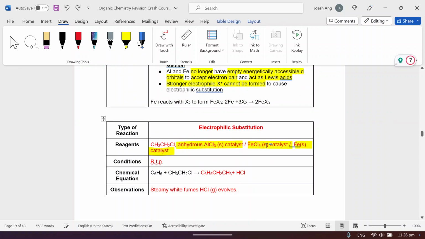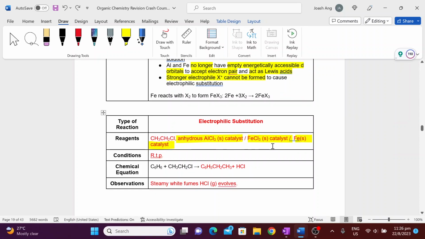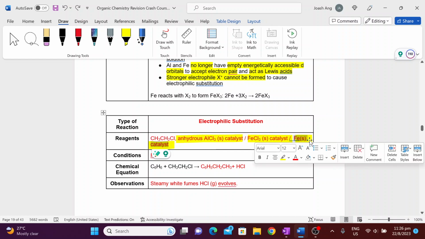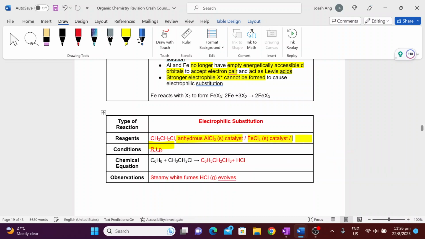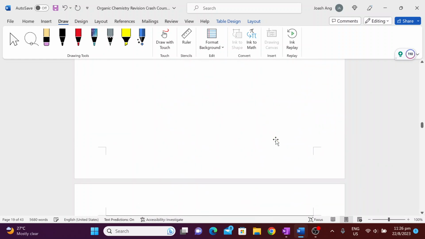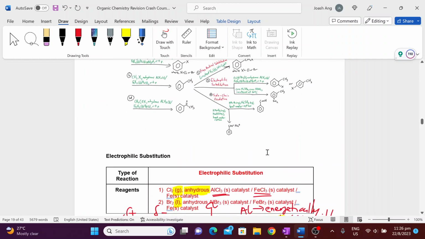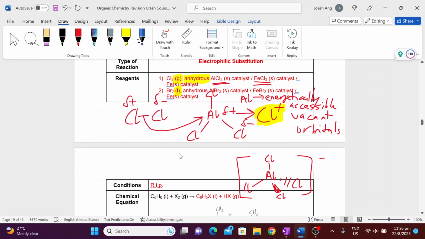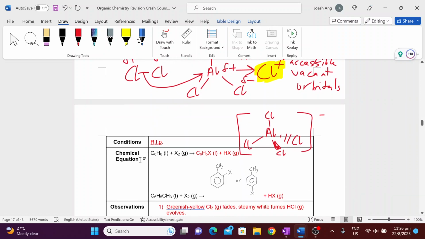Fe catalyst is recommended if you are using the halogen reaction. So in this case, from the above, your Fe catalyst can be used because it can react with chlorine gas to form FeCl3, or you can react with bromine liquid to form FeBr3.